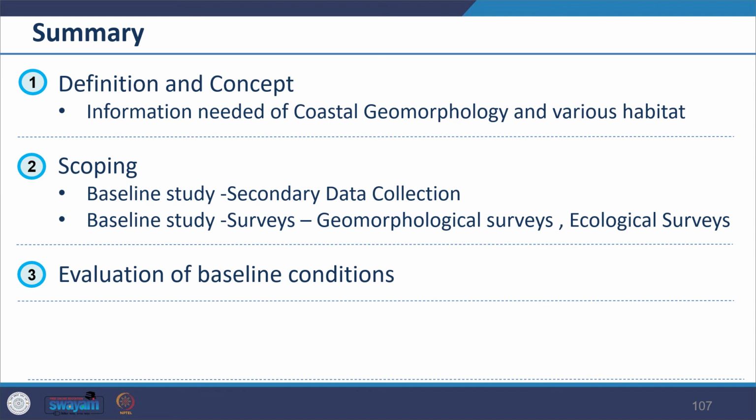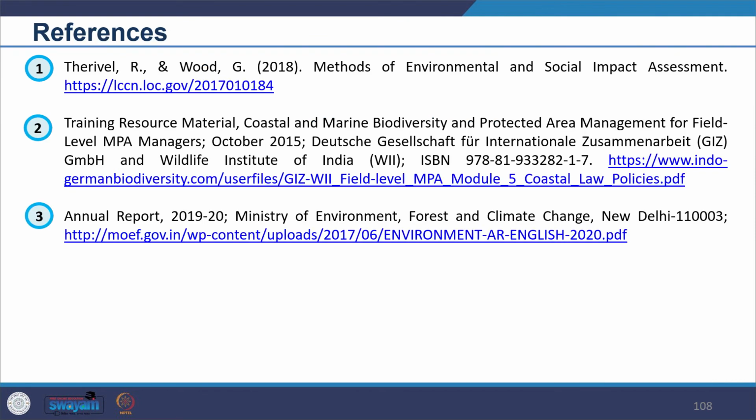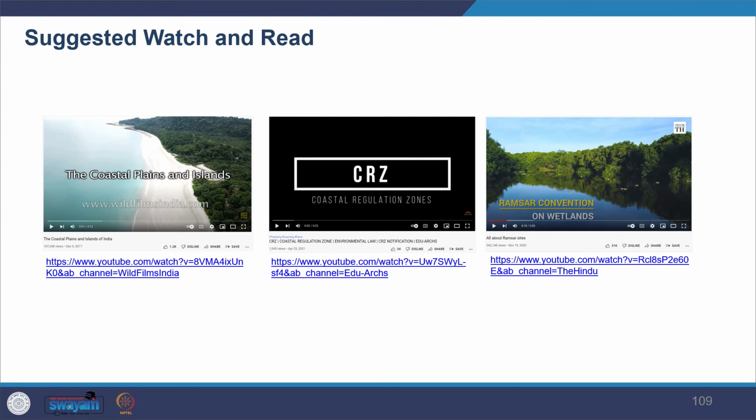Then we looked at what secondary data you need to collect for the baseline study in the coastal area, what kind of surveys have to be undertaken in this domain, and how you evaluate the baseline condition. This was the key reference for our session today, and these are the suggested reading and watch for other typical terms which you looked at.